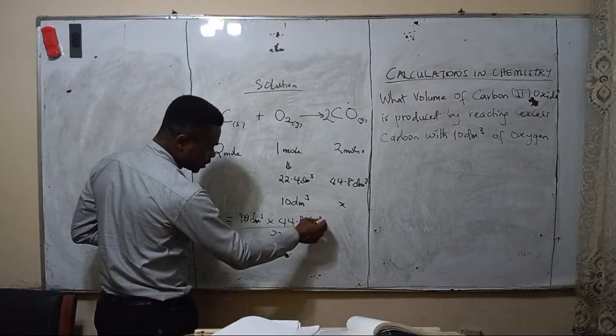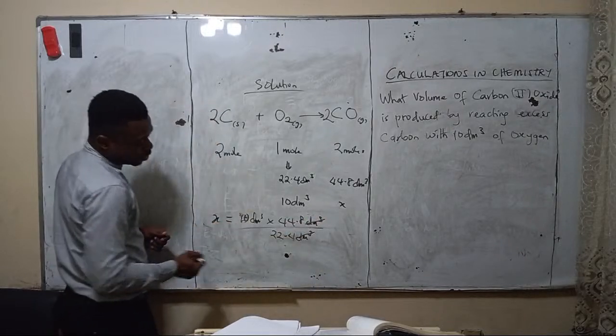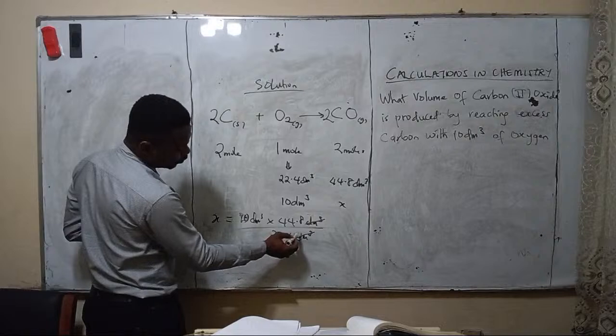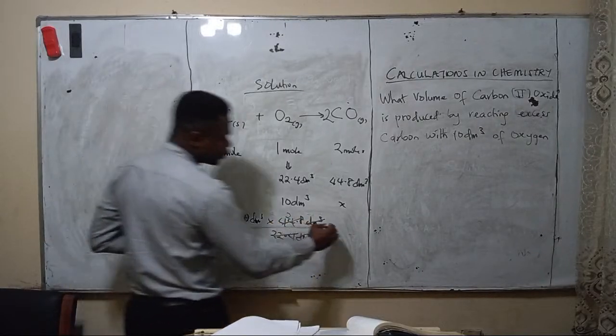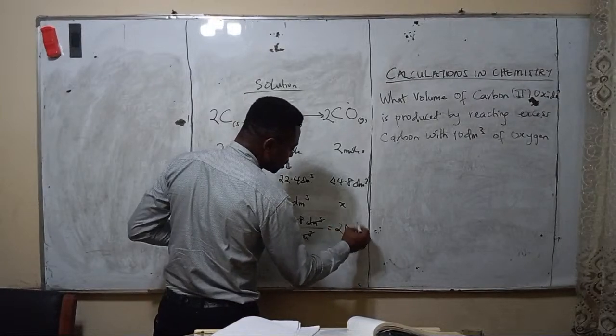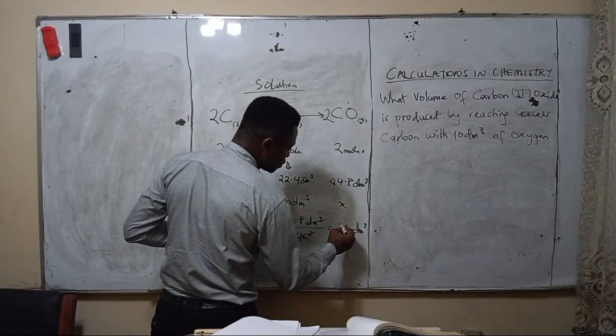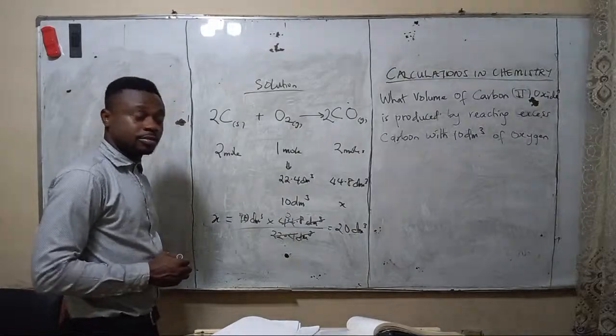This dm cube will cancel this dm cube, and you remain with 1 dm cube. 44.8 divided by 22.4 gives us 2. So 2 times 10 dm cube gives us 20 dm cube.